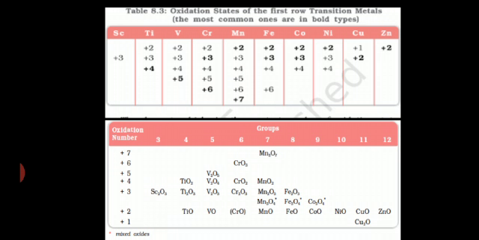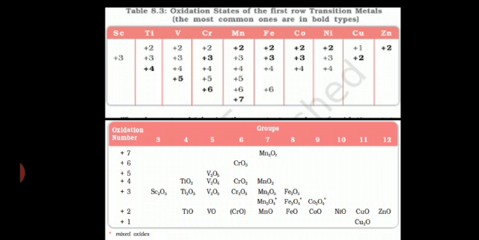For example, in the case of copper, we have E° Cu+/Cu as 0.52 volt, whereas E° Cu2+/Cu is 0.34 volt. Since the value of standard electrode potential for Cu2+/Cu is less positive than that for Cu+/Cu, Cu2+ ion is more stable in aqueous solution than Cu+ ion.